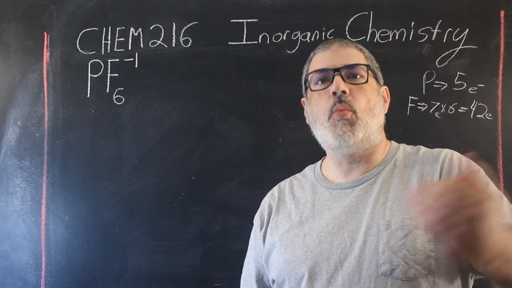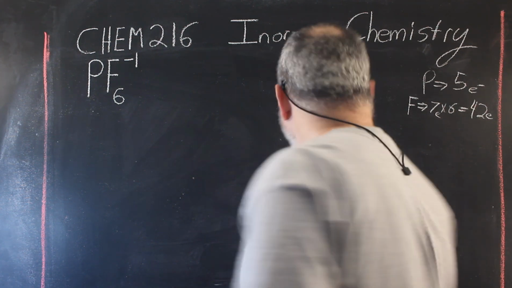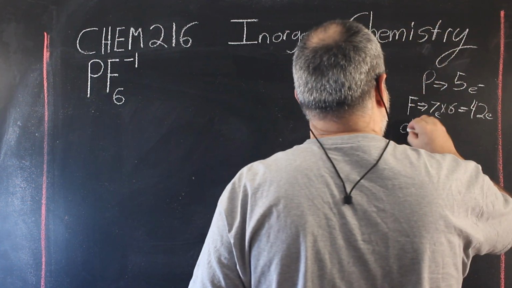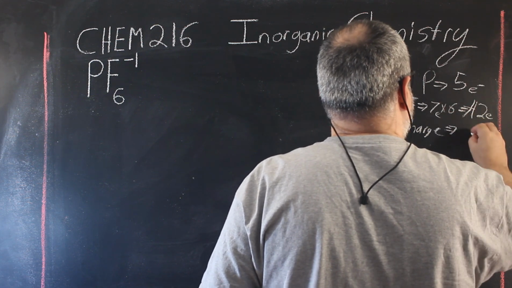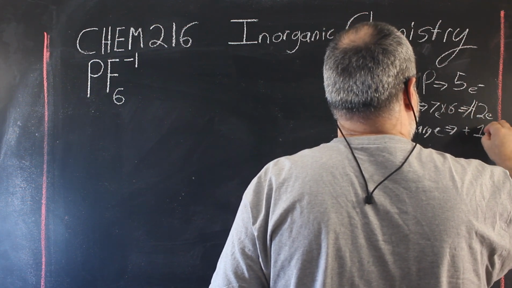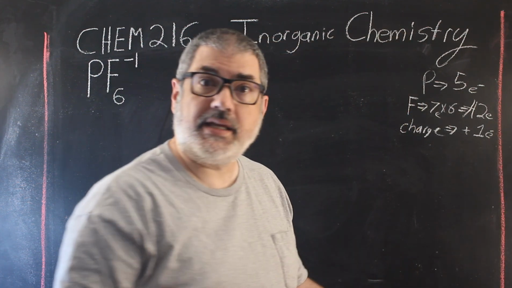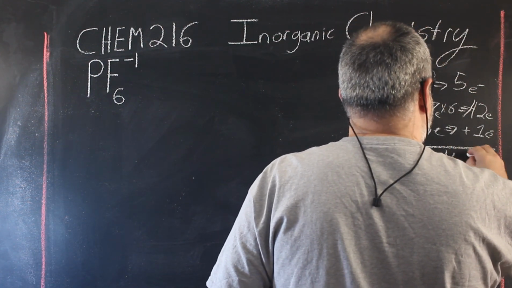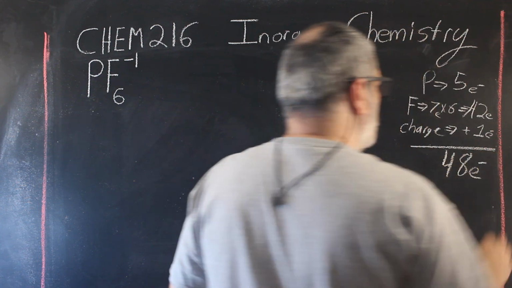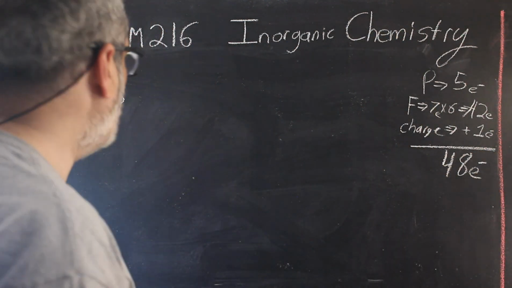Therefore, we have 1 additional electron. So, charge. Okay, so we're adding an electron. So this is going to give us a total of 48 electrons to work with.